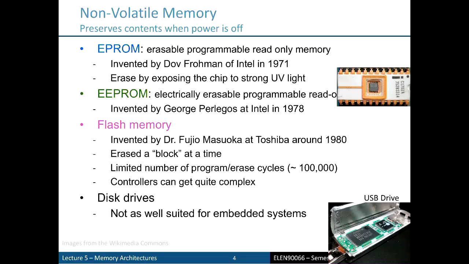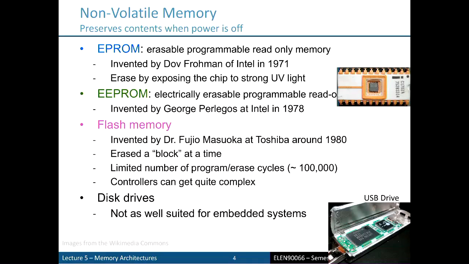Then along came EEPROM. So it was much simpler then to electrically erase it. And that only happened in the late 70s, and Intel were the big leaders here. Then along came flash memory. Flash memory is different to EEPROM. It's a different architecture.